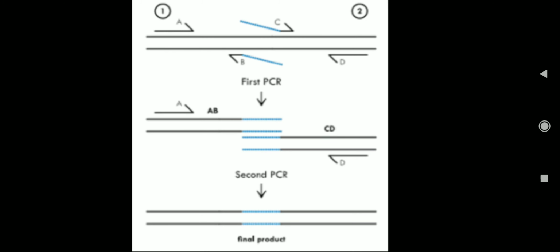It's because B and C were carrying the mutation. Now both these DNAs are mixed together and a second PCR is carried out. When the second PCR is carried out, both the DNAs get joined and we get the final product where the mutation is present. Now this final product is checked by running it on agarose gel electrophoresis.